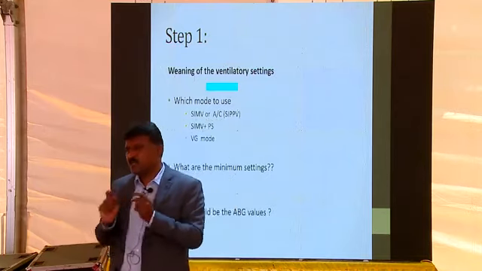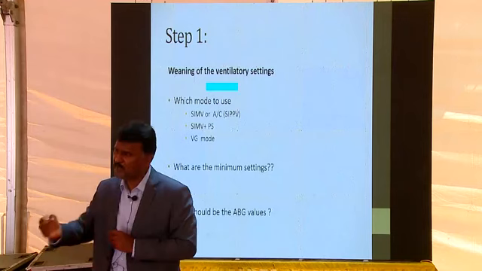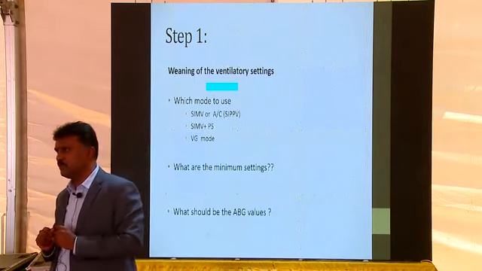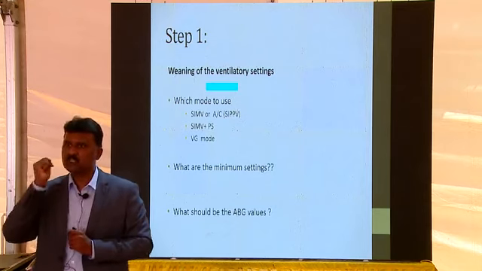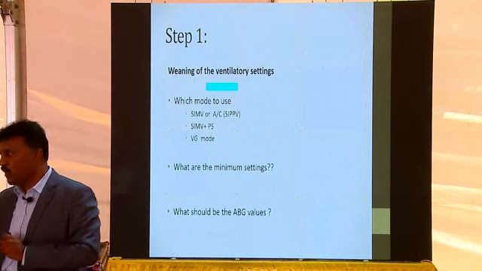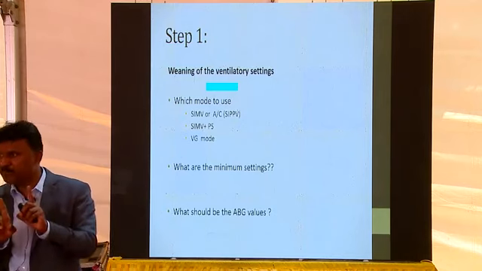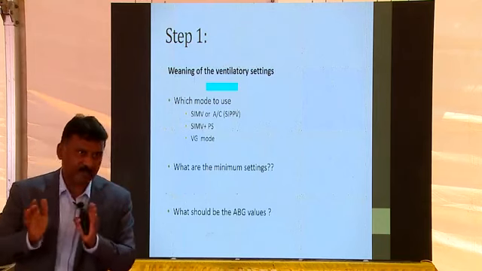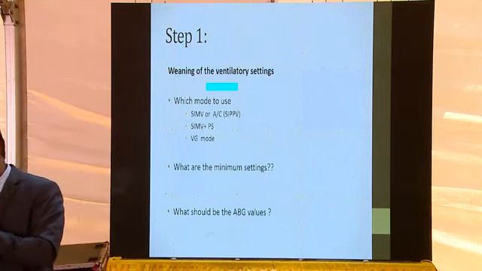Now people who are feeling very bad that these 40 breaths are not supported, this is where SIMV plus pressure support comes in. The set breaths are SIMV breaths, and the remaining 40 get only pressure support.